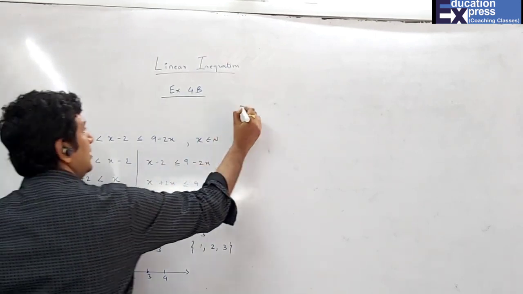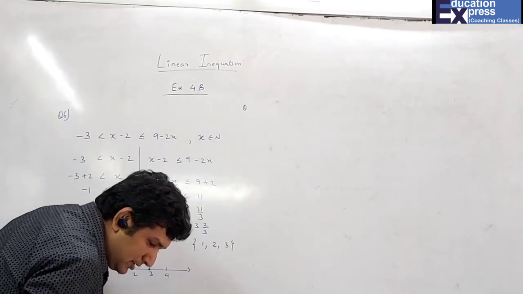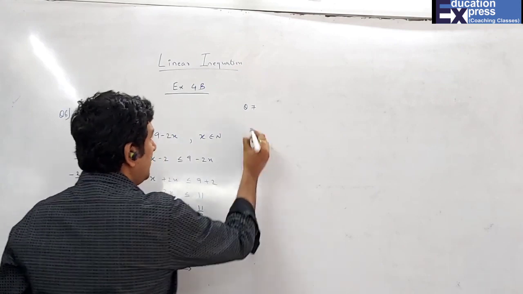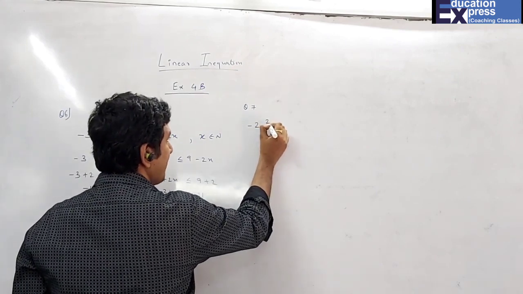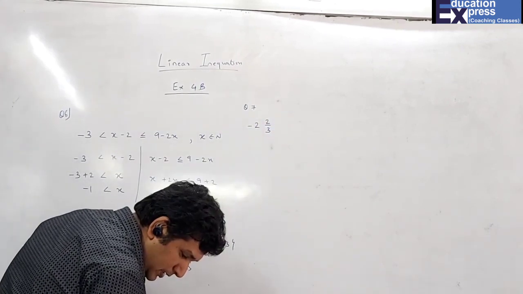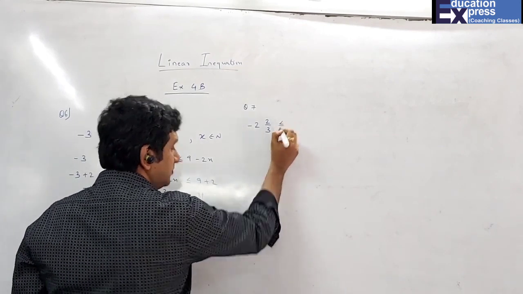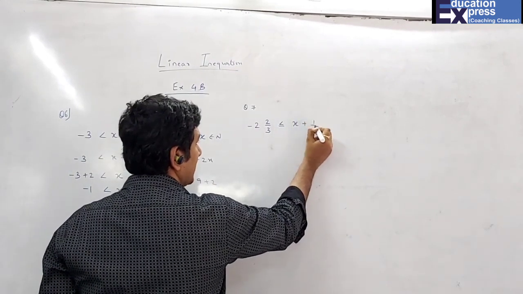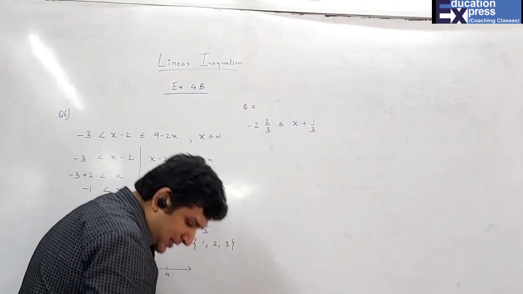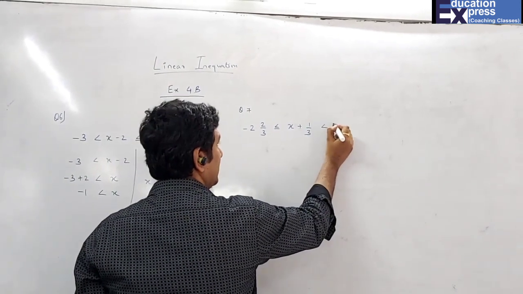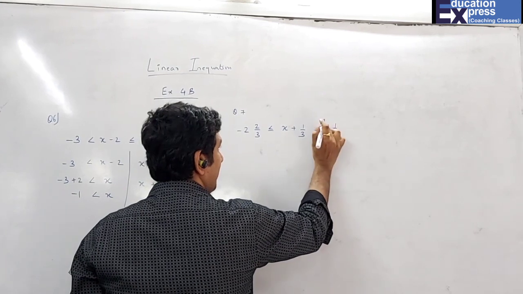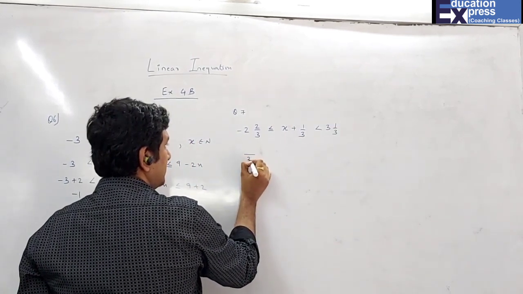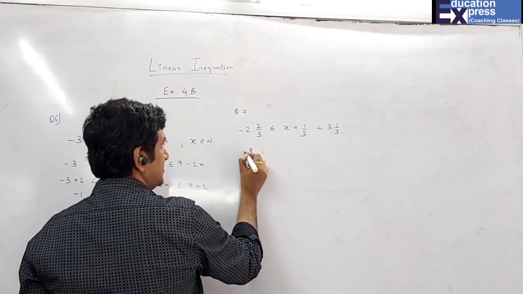Now question number 7. -2/3 is less than or equal to x plus 1/3, is less than 3 1/3. Three 2s are 6, 6 plus 2 is 8.